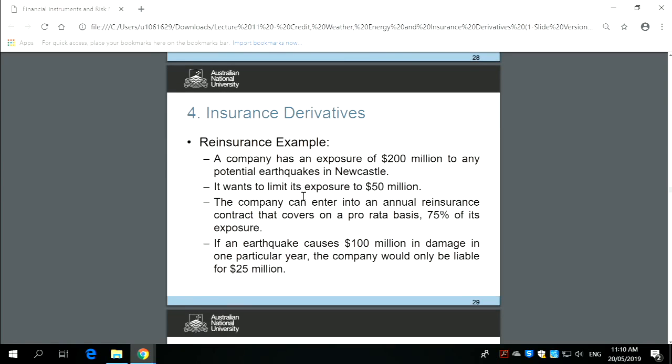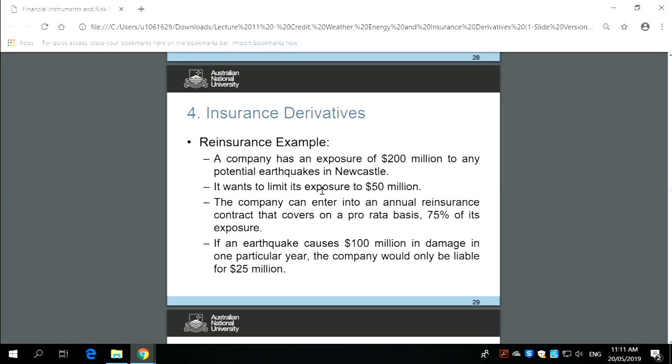This is one example of the traditional way of reinsurance. Imagine the bank has an exposure of 200 million to a potential earthquake in Newcastle. The bank wants to limit its exposure to 50 million. Then it would get into a reinsurance contract on 75% of the exposure.